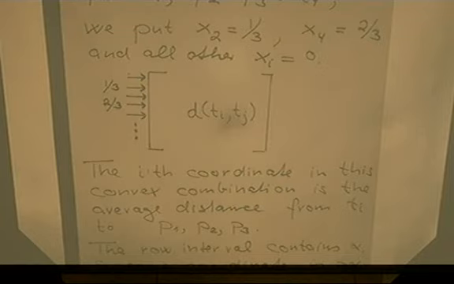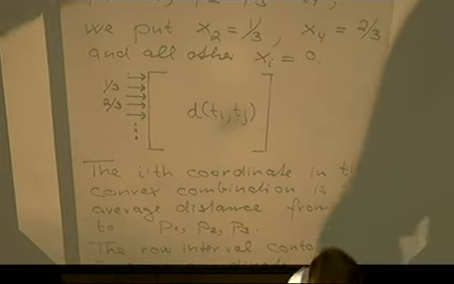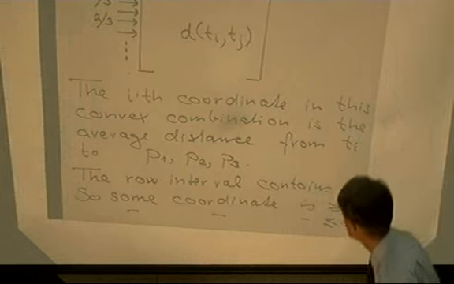But if you have a row interval containing alpha, then some entry must be bigger than alpha and another entry must be smaller than alpha. But this means that this number alpha is a weak rendezvous number if you go back to the definition.